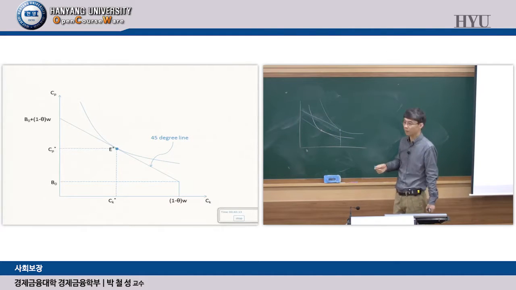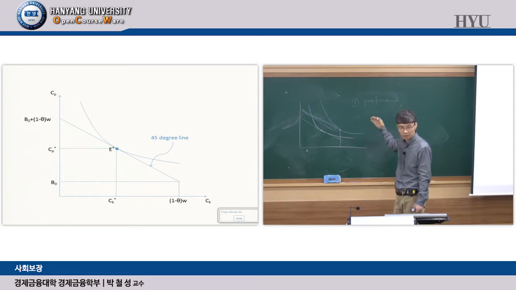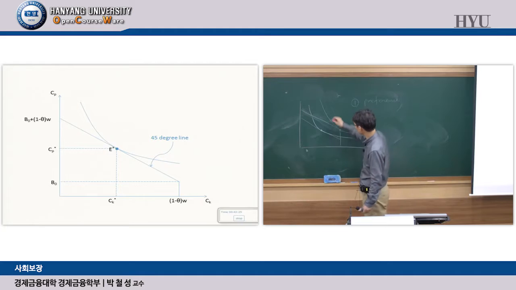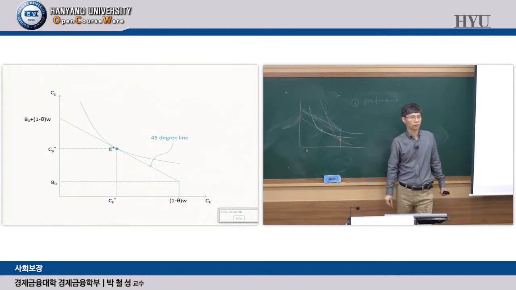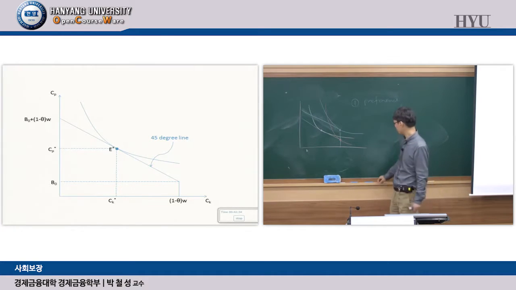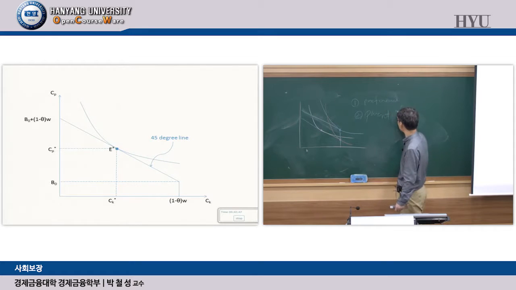Get that? So one possibility is the preference: the child cares less about her parents, so the indifference curve looks like this. She doesn't transfer anything. The indifference curve is just steep. And the second case is actually that the parents are rich.